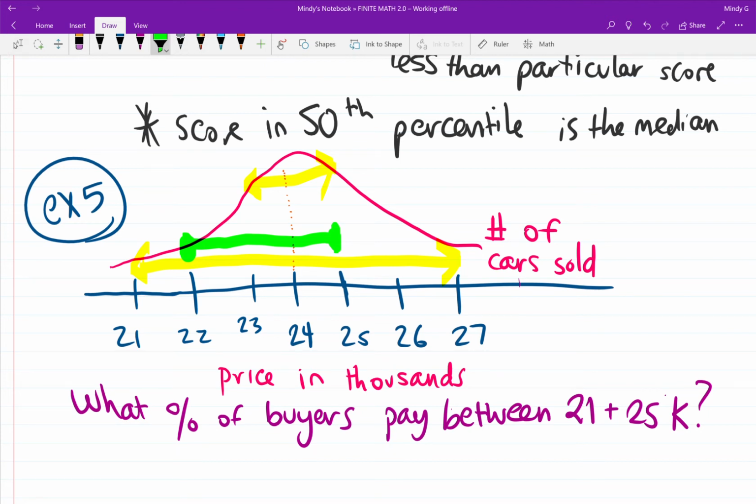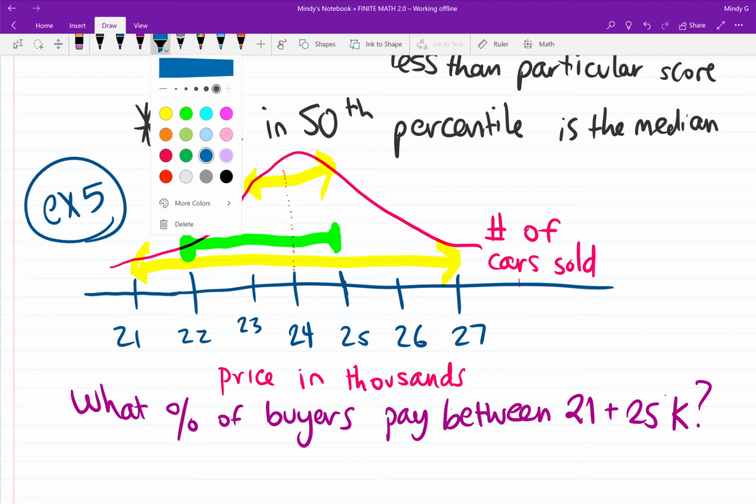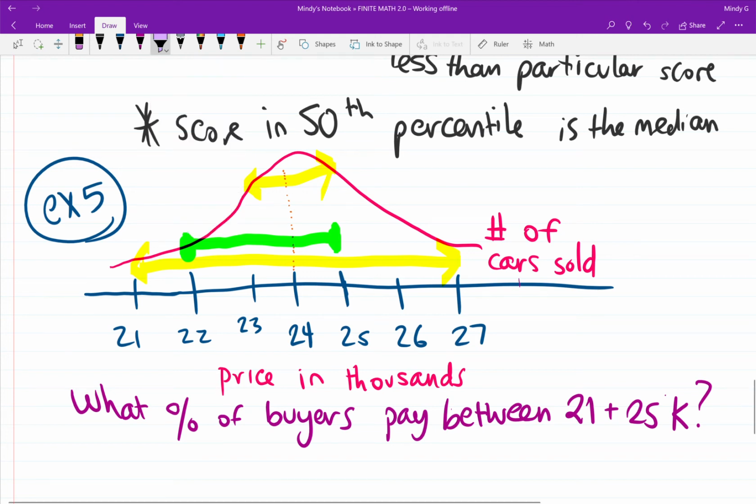Is everybody understanding what I'm doing? Okay. So between 25 and 21,000, what is that percent? Well, 49.85% is going to carry me from 21 to 24, right? And then 34% is going to carry me from 24 to 25.